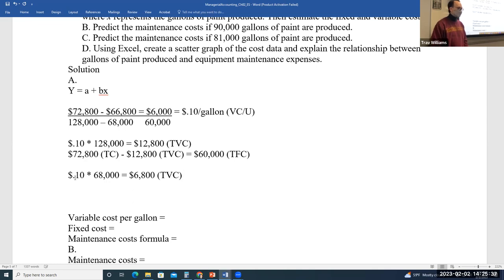Then we take the total costs from February, subtract the total variable cost we just calculated, and what do we get? $60,000 total fixed costs. So again, it doesn't matter whether you use the high month or the low month. You should get the same answer, and you know your fixed costs.